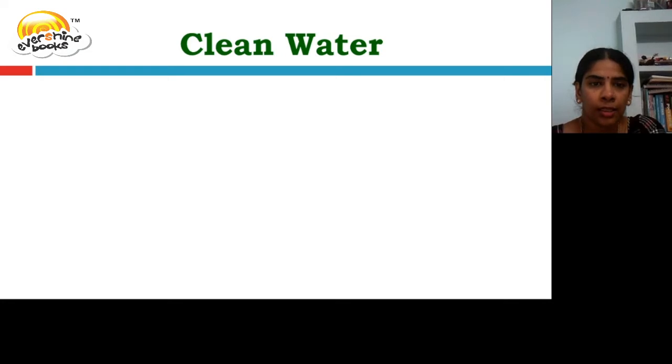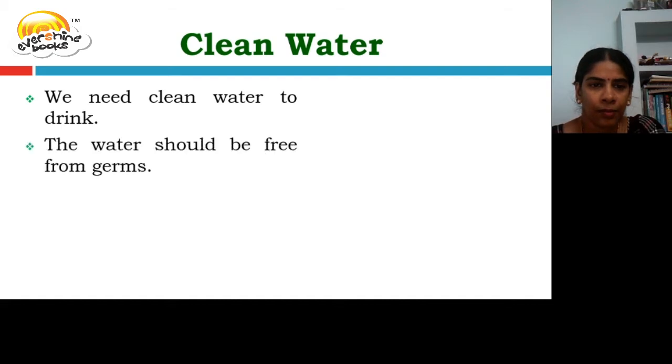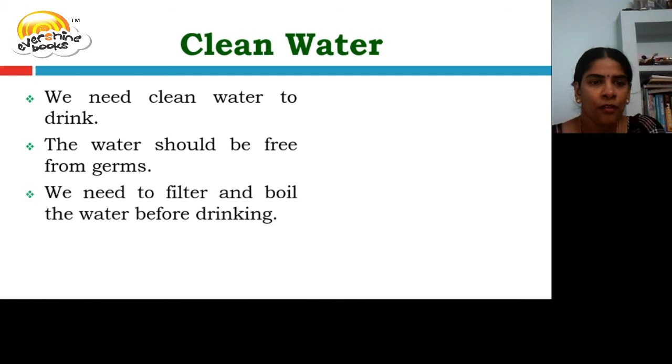Clean water. We need clean water to drink. That means the water should be free from germs. So, how will you free it from germs? We need to filter and boil the water before drinking.